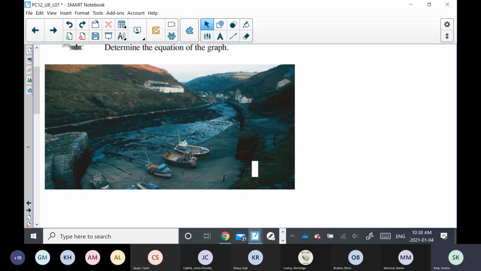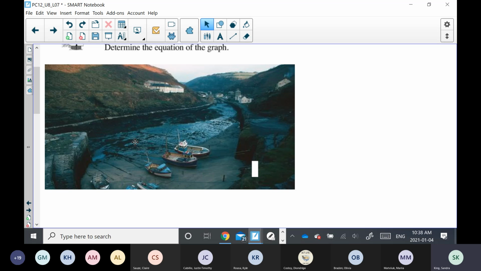But these are small little boats, right? So the tide went out and these boats got grounded, not a big deal. If these were huge, giant cruise ships, they would need to know exactly when the tide is going out because they would have to go back out to sea, right? They cannot be grounded. So somebody's job is actually to figure out the tide levels.